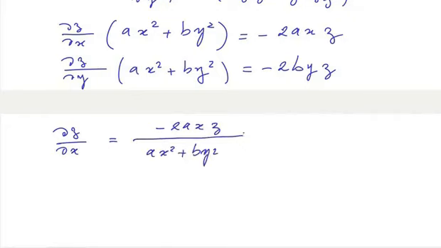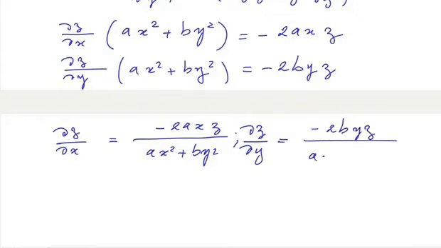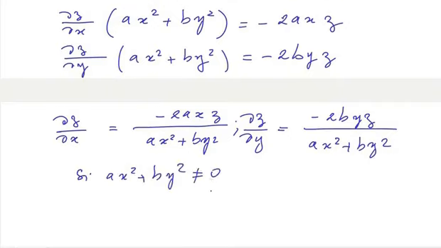And we have the derivative of z with respect to y, which is equal to minus 2byz over ax² plus by², naturally calculated and possible if ax² plus by² is non-zero naturally.